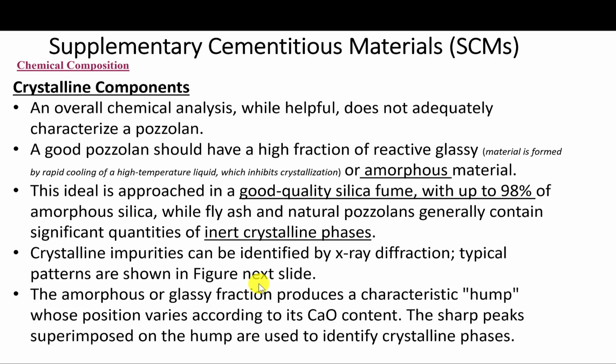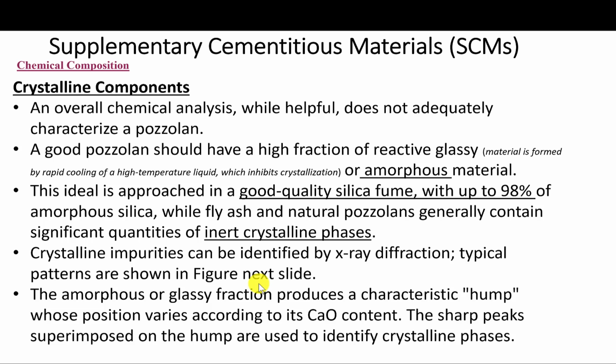So let's talk about the crystalline components. The crystalline components, what does it mean? Basically, this is the material that is not reactive and it will not do us any good as pozzolanic activity.